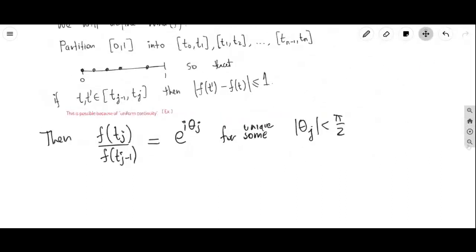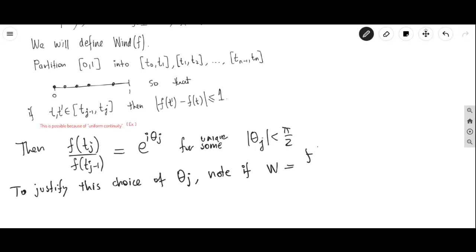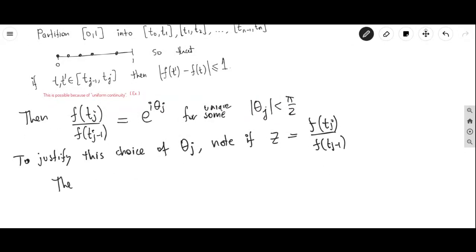Now, to justify this choice of theta j, note that if you let z, for complex number, represent that ratio, then |z minus 1| is less than or equal to 1.